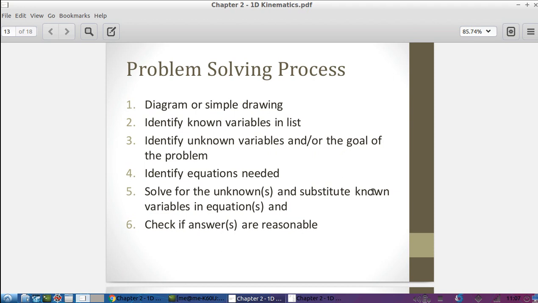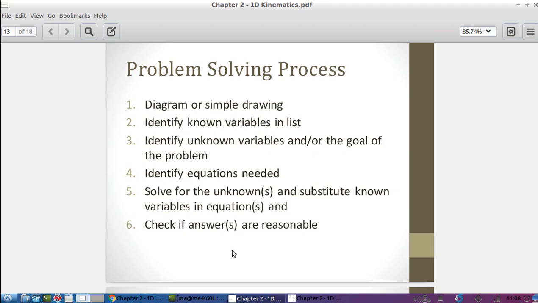If I get a speed of 300 meters per second, that's like 3 football fields roughly per second, and I'm doing a problem about a car, I know that's probably not a practical solution to my problem. So look at the actual numbers, compare it to the situation, and say, is this practical for this object to be traveling with this speed?